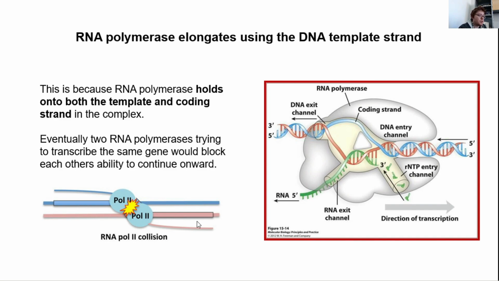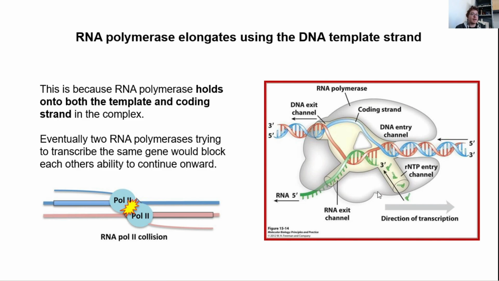And so if you have this type of convergent transcription happening here, where you've got two genes and the polymerases are coming at each other, eventually they're going to block each other's ability to continue forward. And so when this happens, either the polymerases can collide and transcription for both can be aborted, or in some cases one polymerase can knock the other one off. But exactly what happens in these cases isn't important.